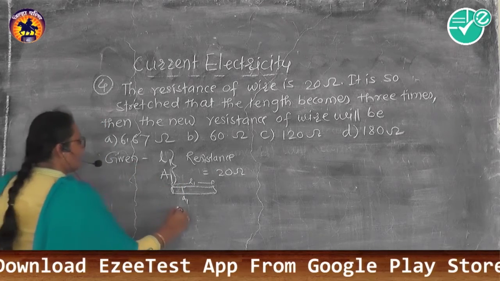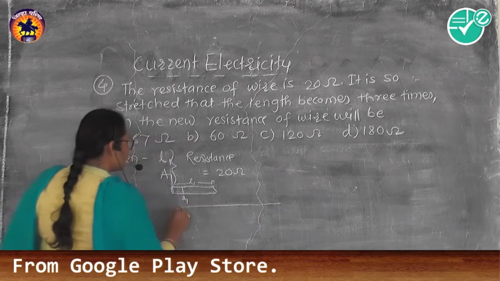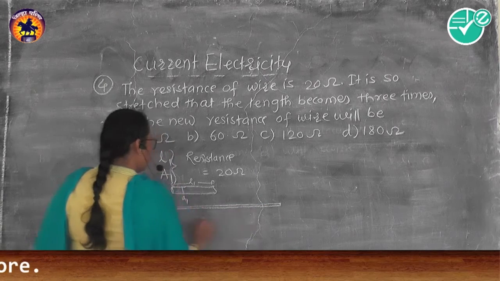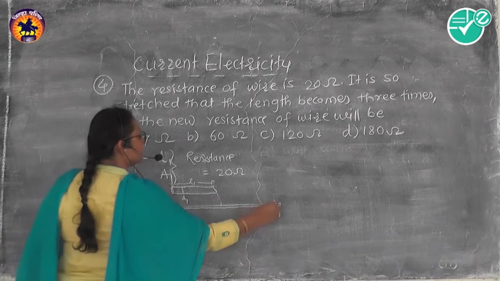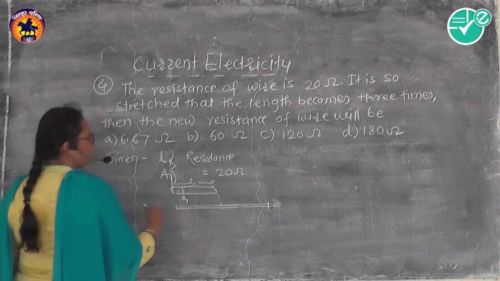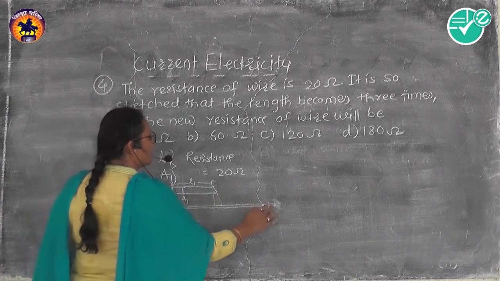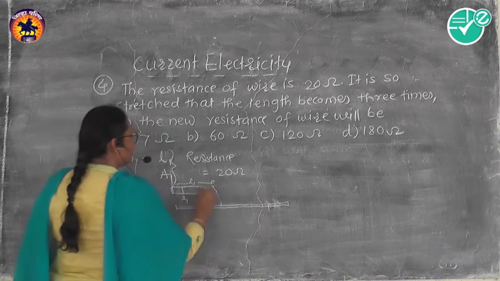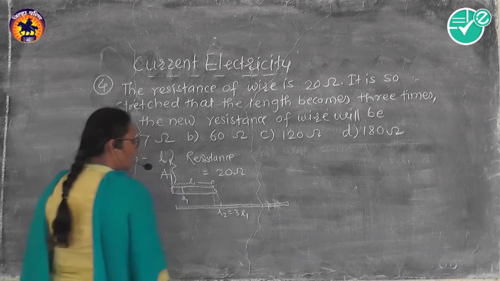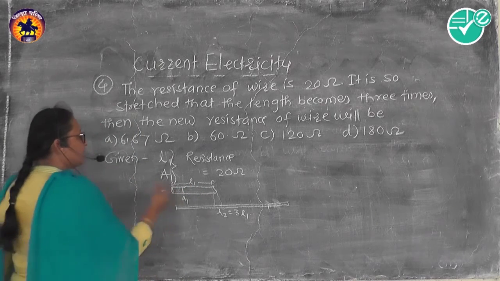But the same wire is stretched, elongated, such that its length becomes three times. Suppose this is L1, then L2 is equal to 3 times L1. But here there is no relation given for the decrease in area.